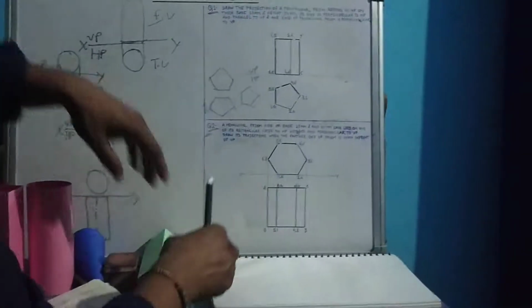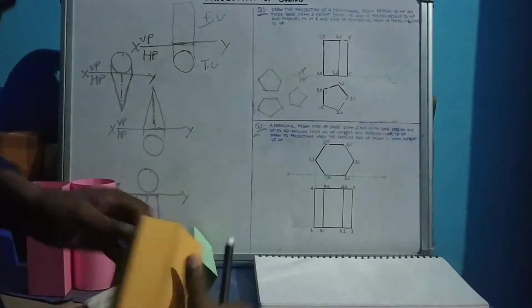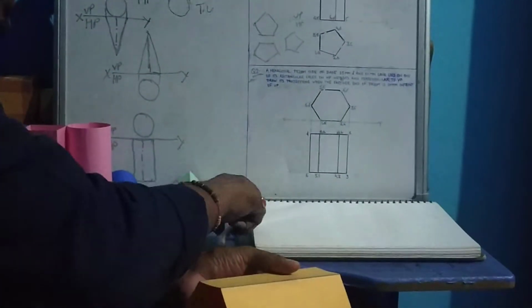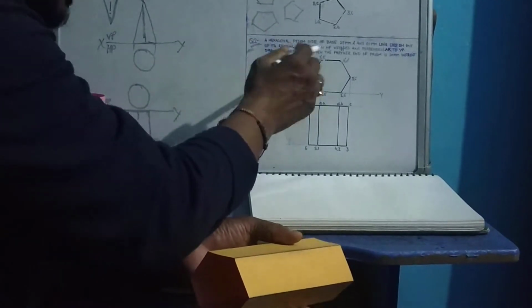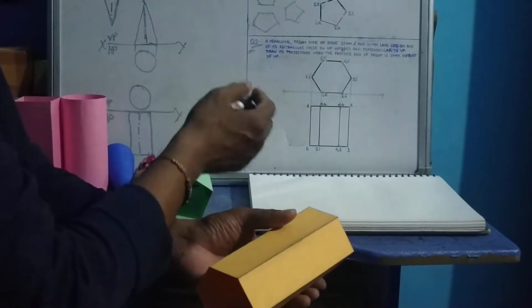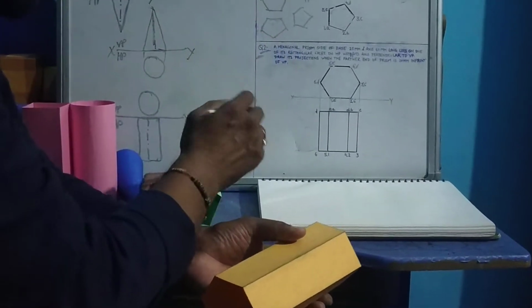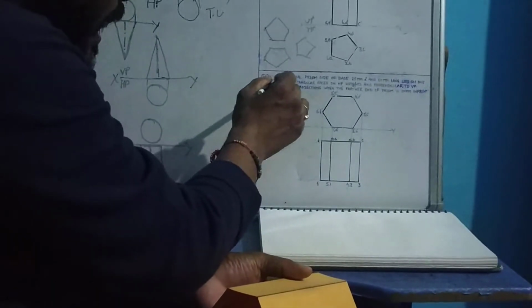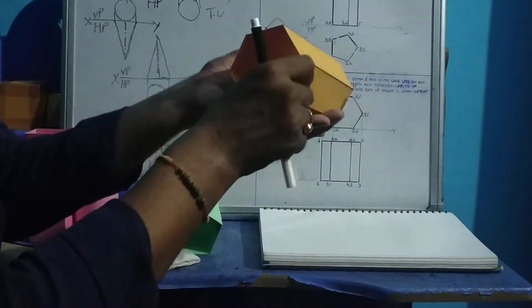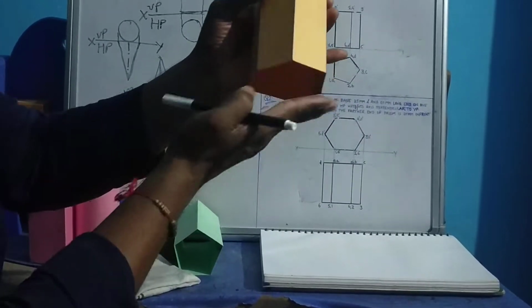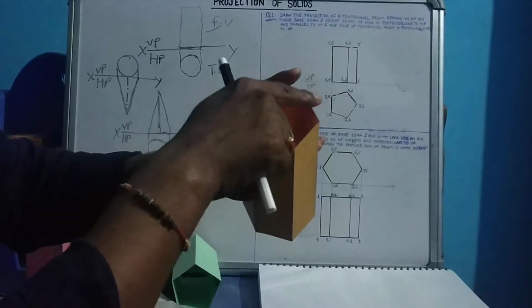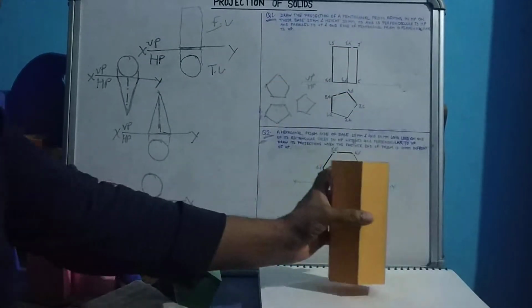So according to the question, first of all try to extract the data from the question. When we read the first line, we can find which solid the question is talking about. This is a hexagonal prism: 1, 2, 3, 4, 5, 6 hexagonal bottom, 1, 2, 3, 4, 5, 6 hexagonal top.